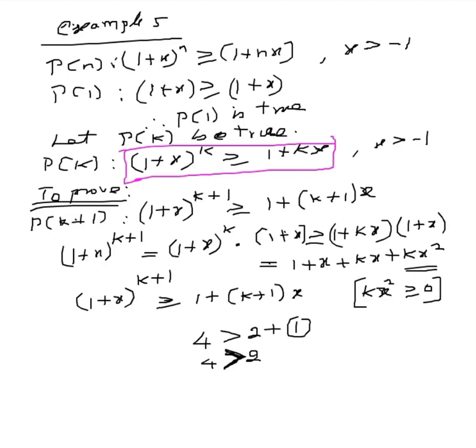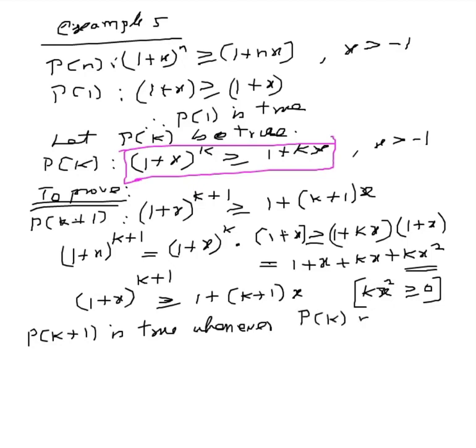Similarly, we are leaving that kx^2 and writing the remaining terms, so the inequality holds good. Therefore, P(k+1) is true whenever P(k) is true. Therefore, P(n) is true for all n belonging to capital N.